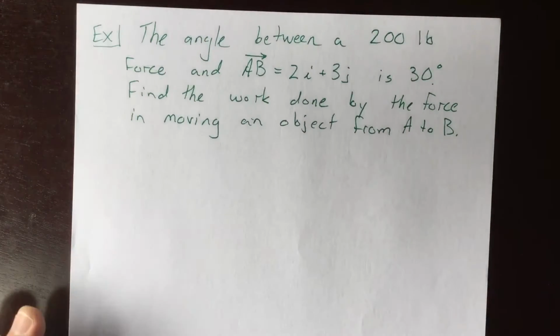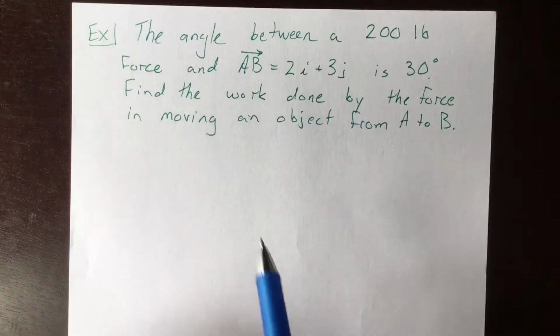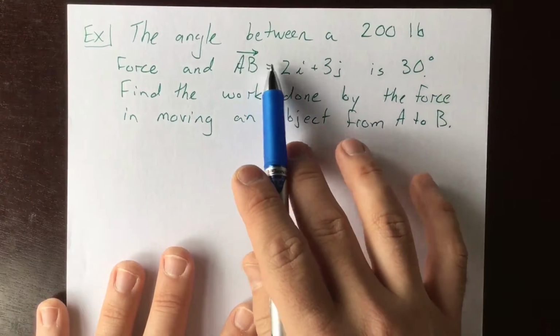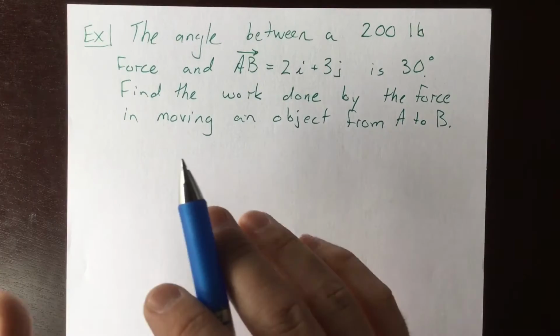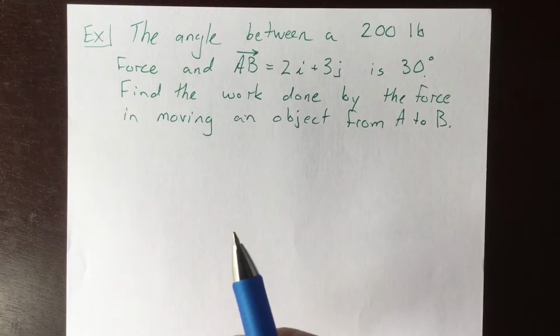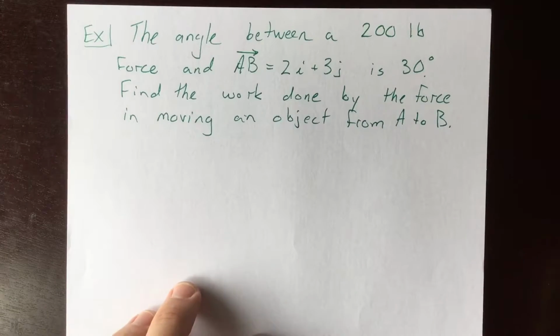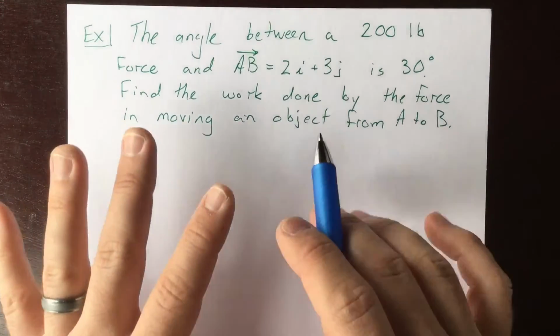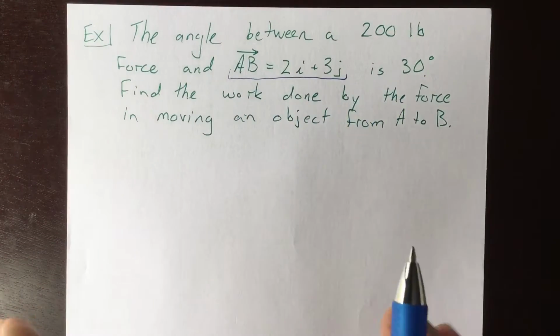The angle between a 200-pound force and the direction of AB, 2i plus 3j, is 30 degrees. Find the work done by the force in moving an object from A to B. Okay. Now what's new here is this. You're thinking, oh, this has been really easy so far.